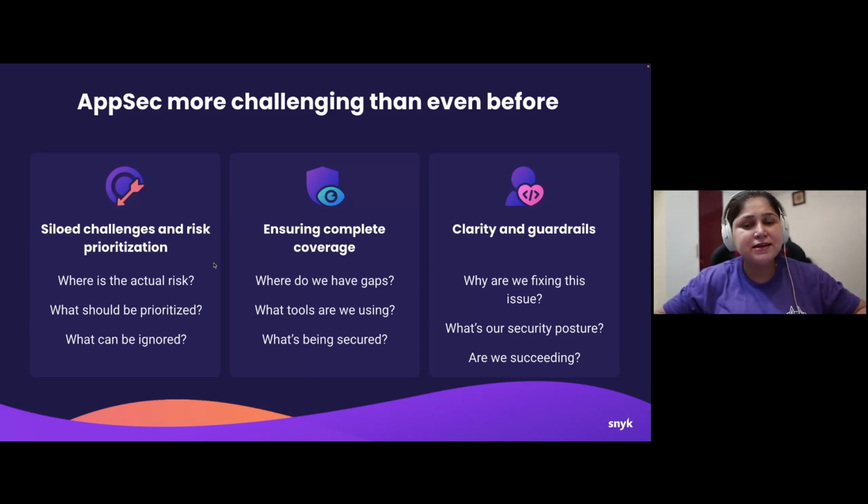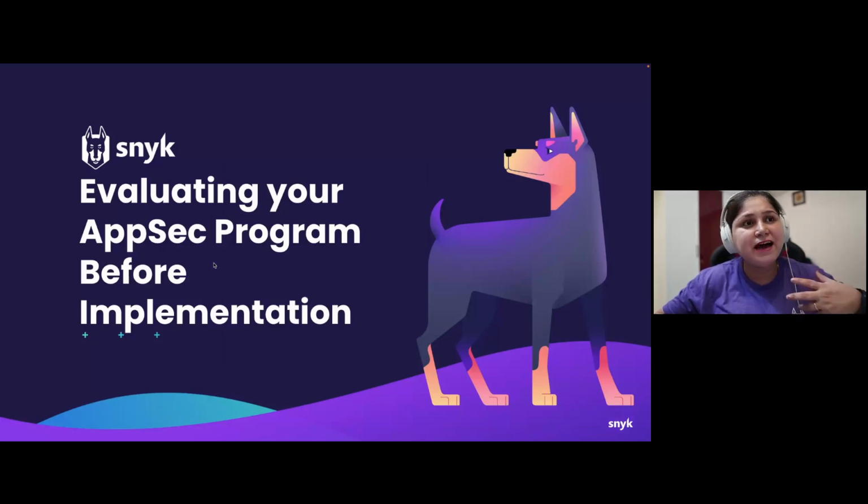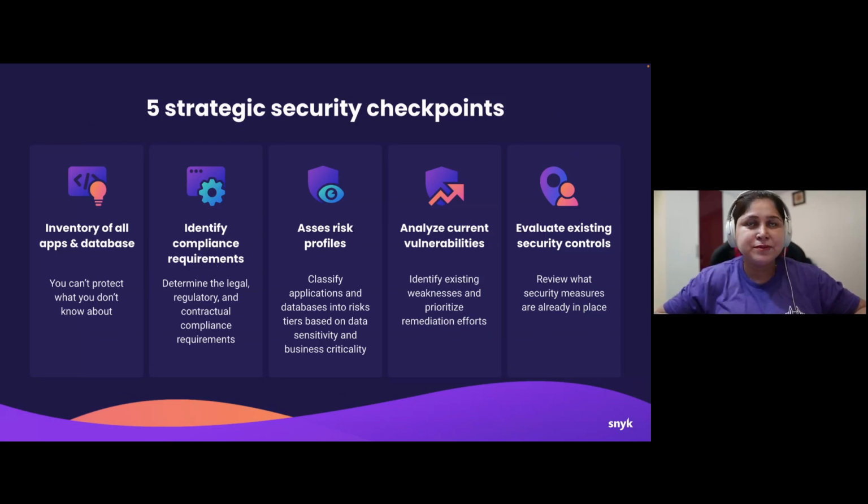Now let's understand a little bit about how we can evaluate an AppSec program, and especially how to do it with the right implementation. There are 5 strategic security checkpoints. While we dive into this, it's essential to approach it with careful planning and assessment before jumping into new tools, processes, or people.